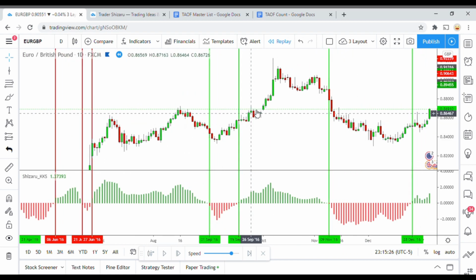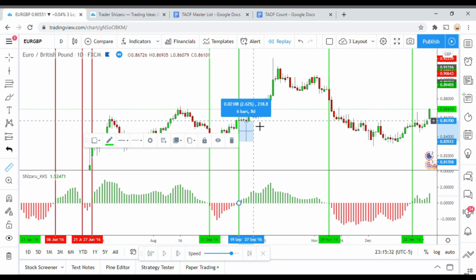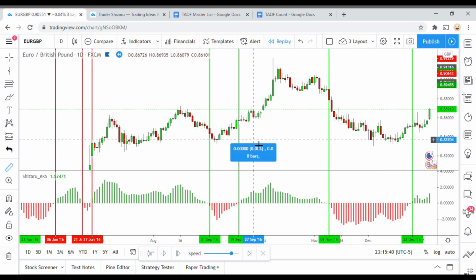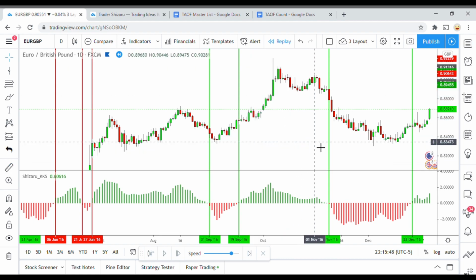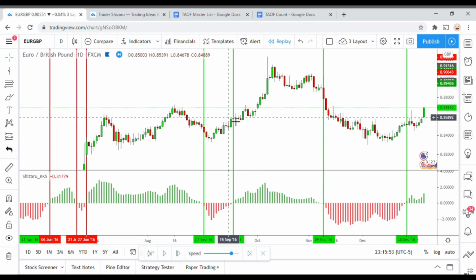And then over here you see that we had already moved 218 pips, 220 pips into a, now of course if you called it right at the top, a 760 pip move. So we were well into the move by the time it finally gave us a signal.